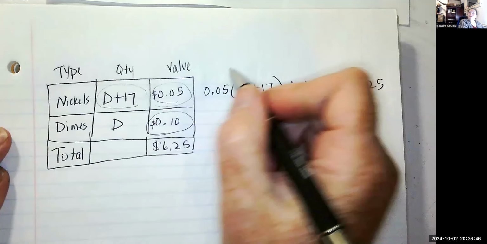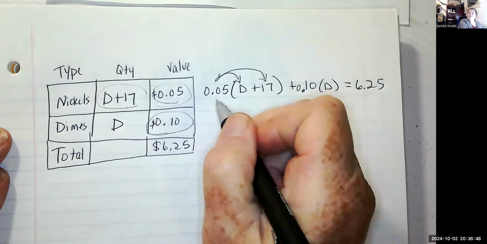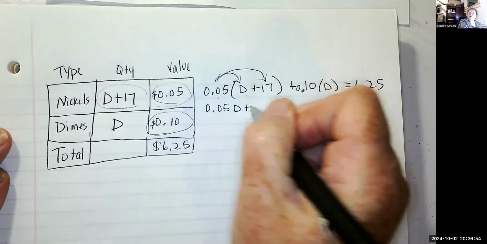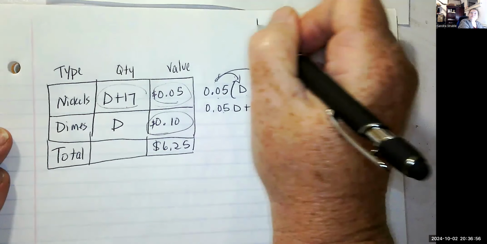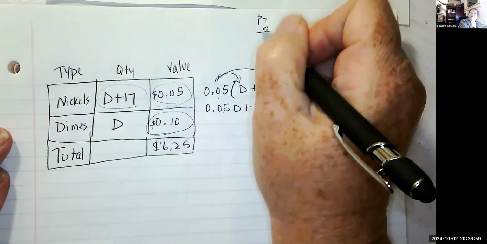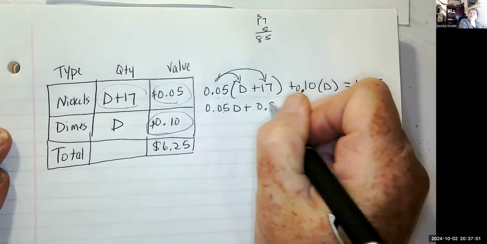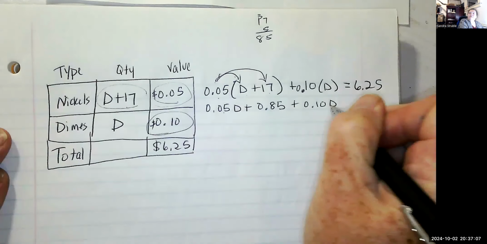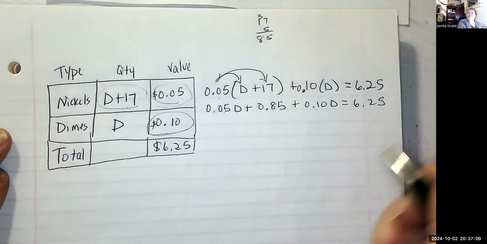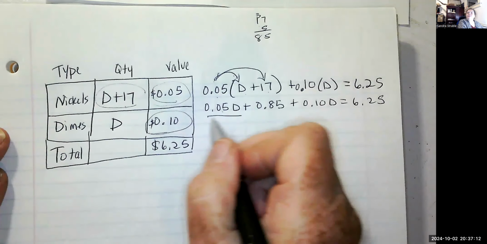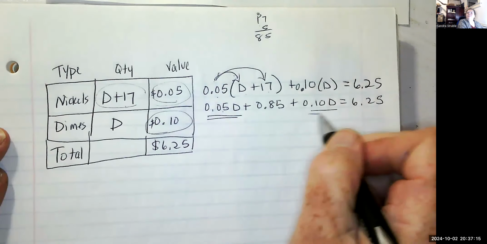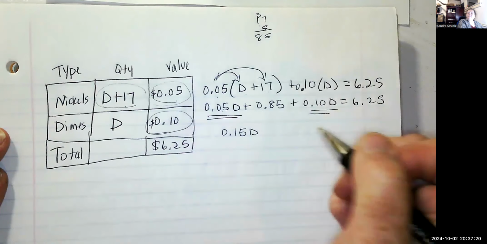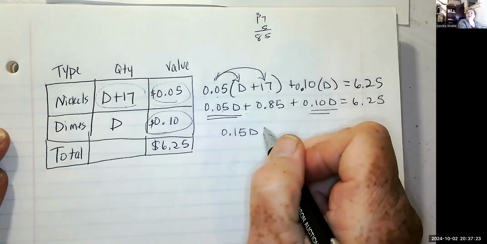Okay, I'm going to have to distribute. 5 cents times D is 0.05 D. 5 cents times 17 is 85 cents. Plus 0.10 D equal to 6.25. Combining like terms, we've got 0.05 D and 0.10 D is 0.15 D. And then I'm just going to bring down everything else.